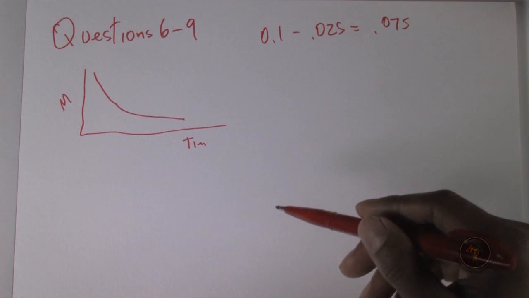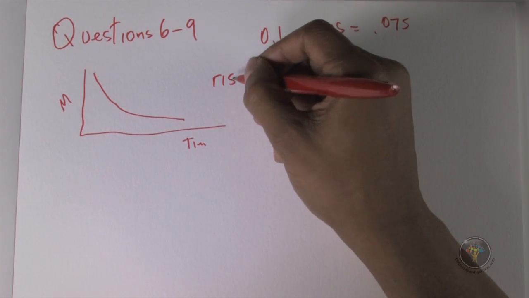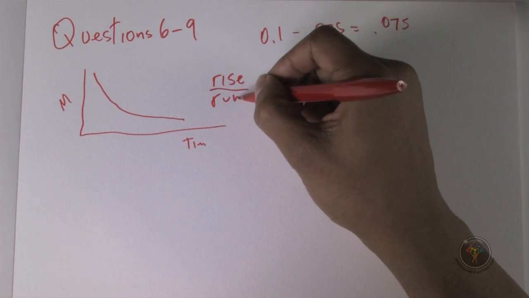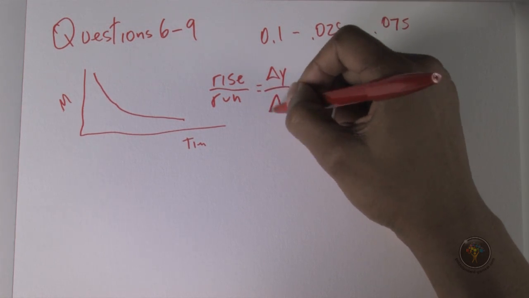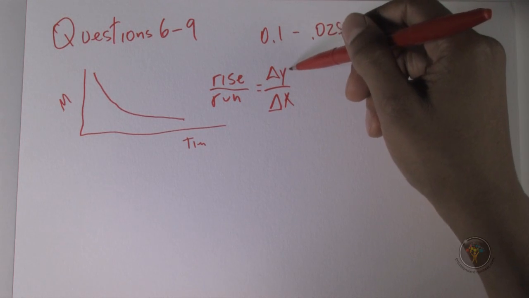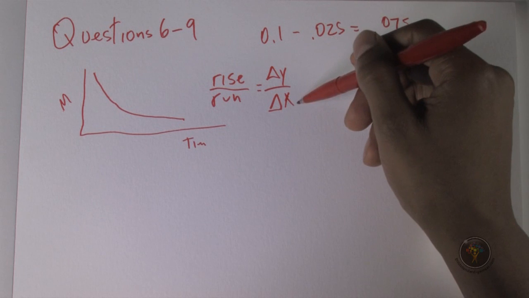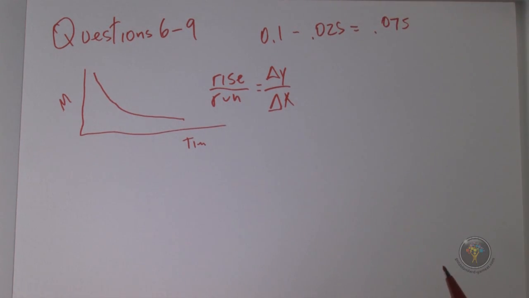And per unit time, we get that by rise over run. You could remember that from your high school times, rise over run, which means delta y over delta x. In other words, it is the slope. And by having delta y, the molarity, over delta x, the time, we get the rate. It's something per unit time. Perfect. So that's what we're looking for.